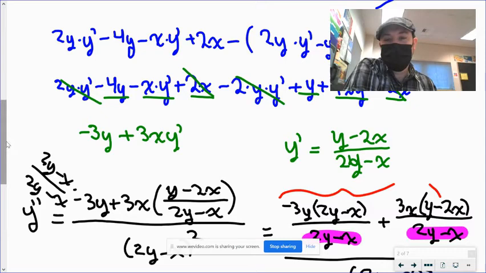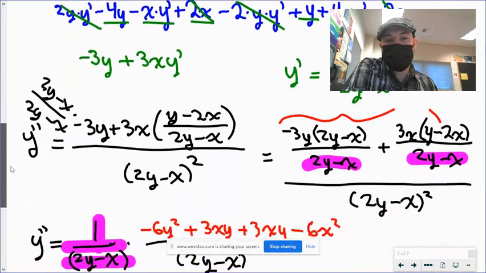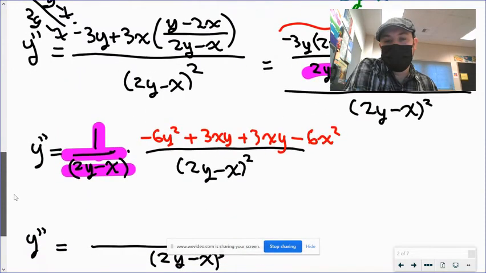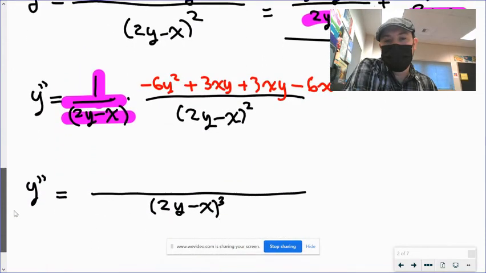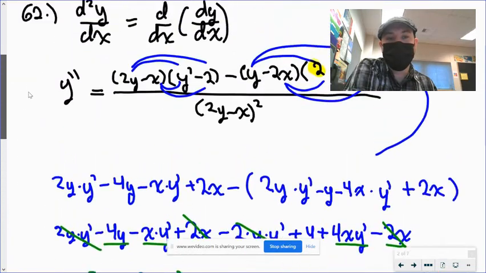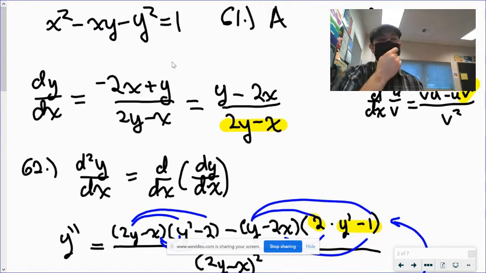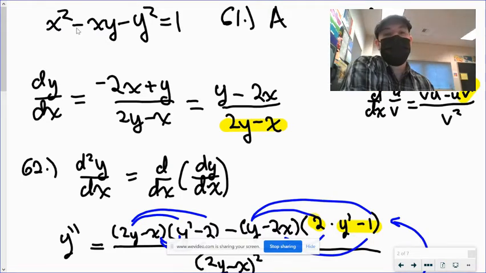I'm looking for an error and I don't see it yet. Oh, wait a minute. What's going on here? Let's look at the original expression. Yeah, this is really powerful. Do you guys notice anything? X squared. No. Take a look at this.